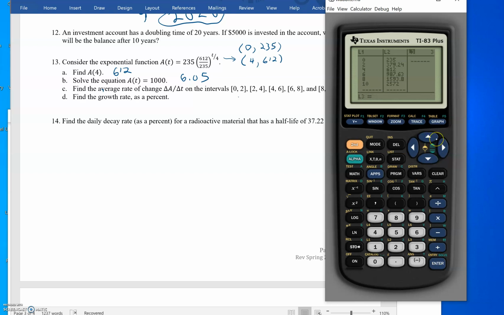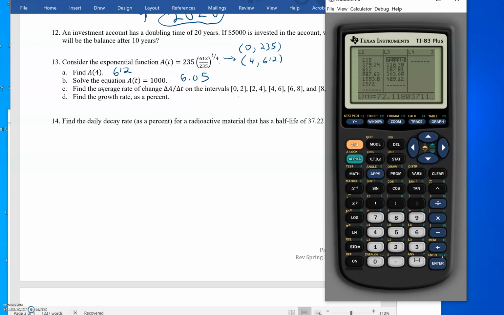And now for column 3, we can do delta list L2, in the header, divided by delta list L1. And there are the average rates of change that are requested. So we would then copy all those down and enter them in.